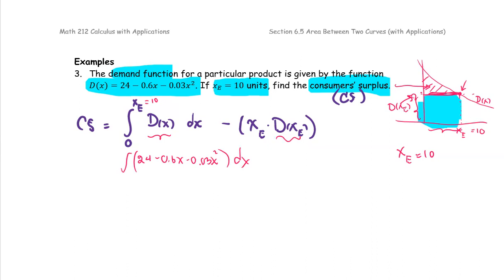We don't have it yet, so we're going to compute it on the side. The demand at 10, which is D at xe, equals, plugging in the formula given to us, 24 minus 0.6 times 10 minus 0.03.